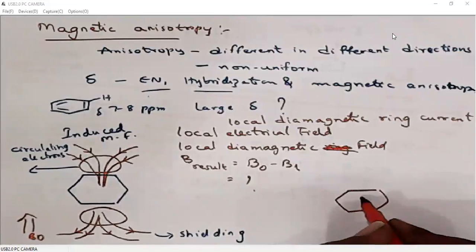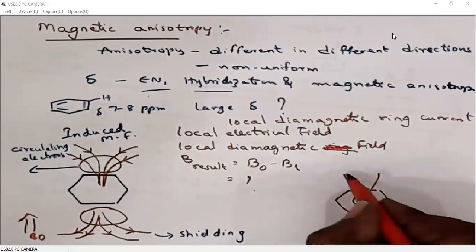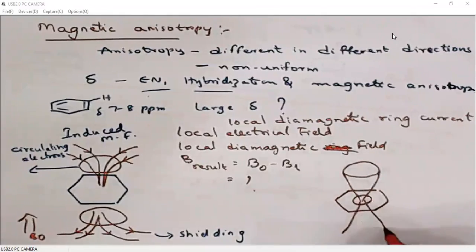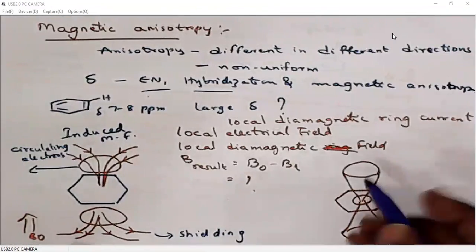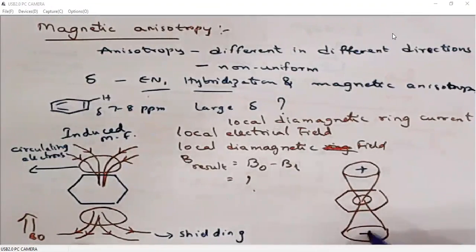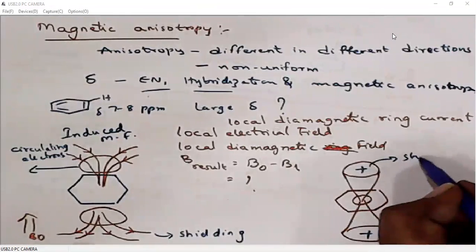When we have a benzene molecule, we are generating a local diamagnetic field above and below the plane. So this is called the shielded region.